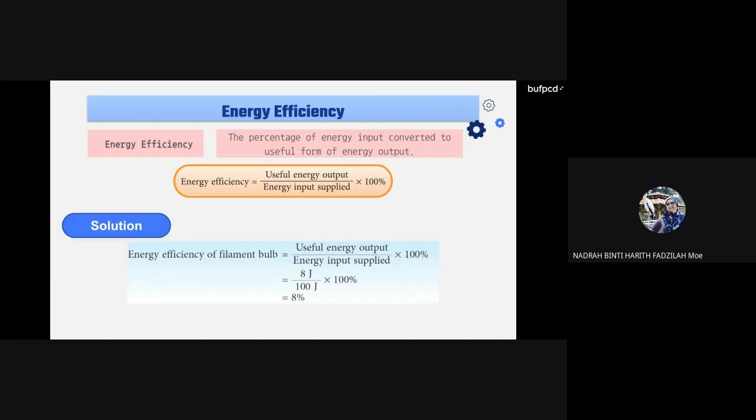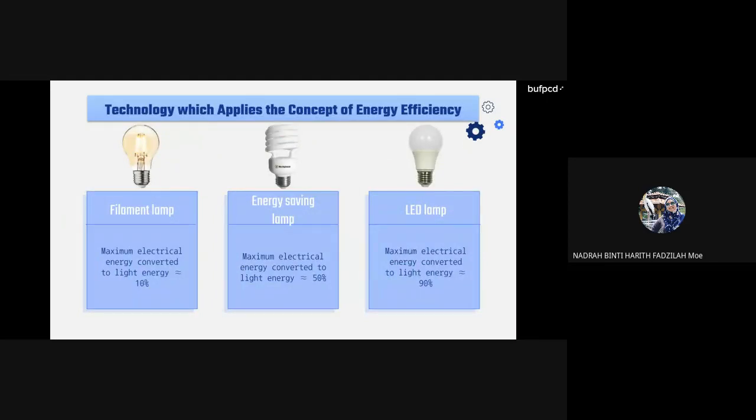So what is the use of knowing the energy efficiency of various electrical appliances? It helps us to decide which one is easy on the wallet lah, and which is more environmentally friendly because it saves energy kan. So it is very efficient in using energy. For example, let's say we want to choose light for our home, for our residence.